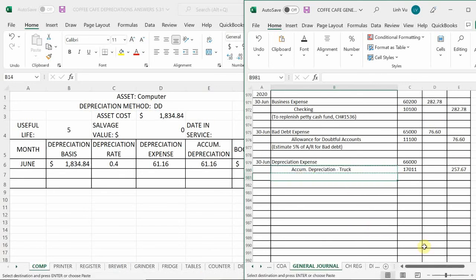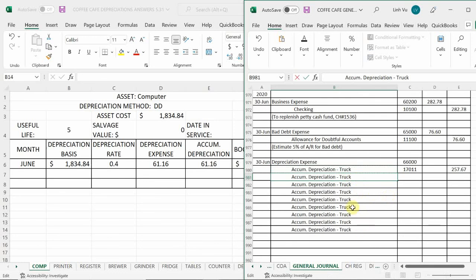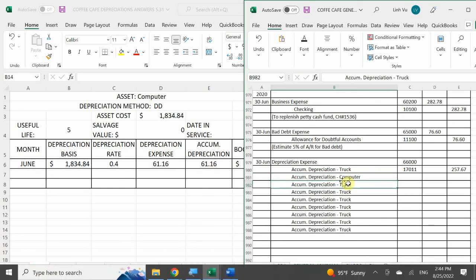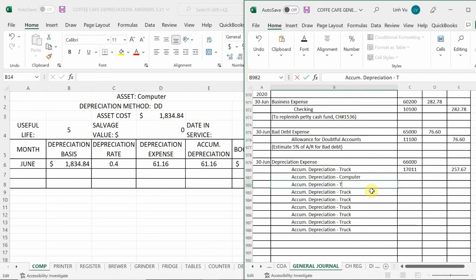Okay, so again, you got this, this. And now I can, oh, I should have just, oh well. So we got the computer. We got the printer.